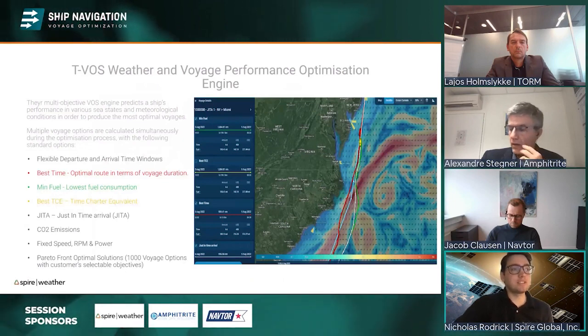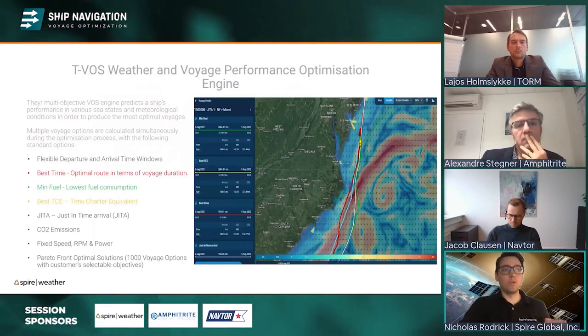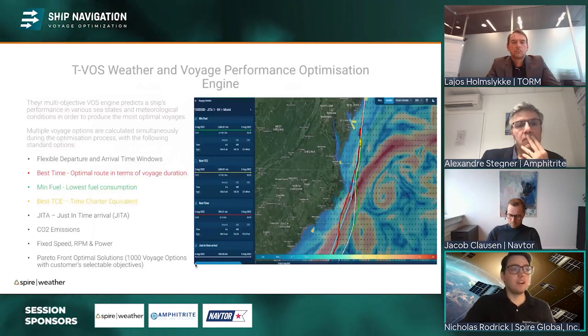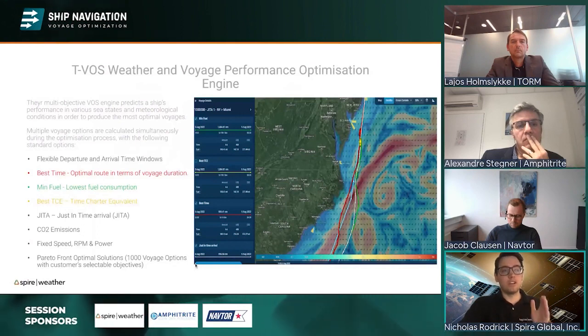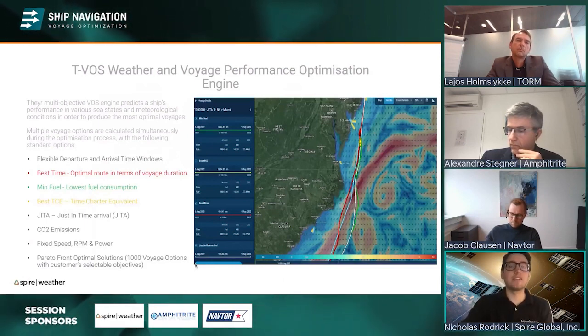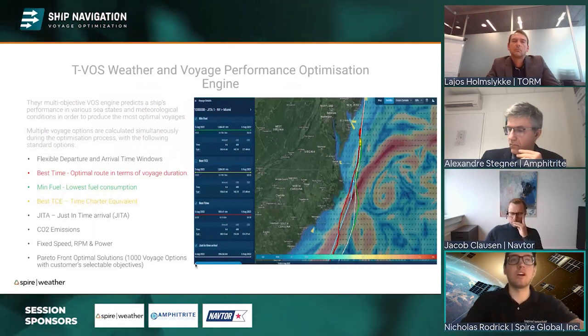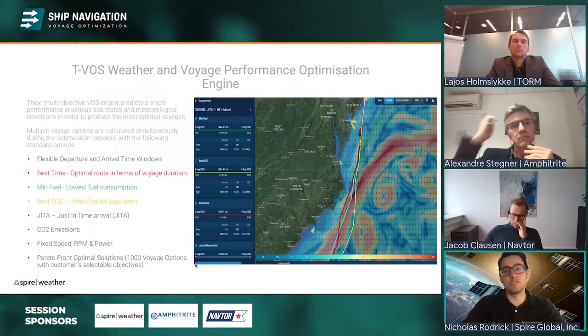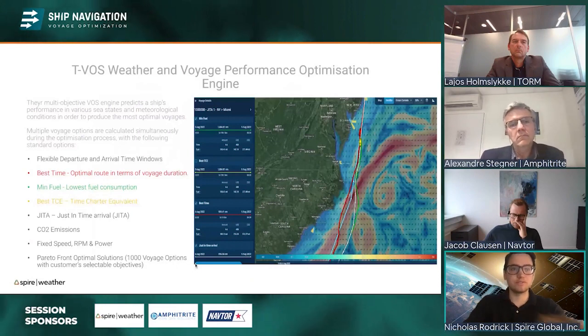It takes into account if you want to worry about weather, in addition to decarbonization or just-in-time arrival. It's all calculated in one specific algorithm, and ultimately 300,000 computations are part of this. So TVOS is really making a difference within voyage performance optimization.